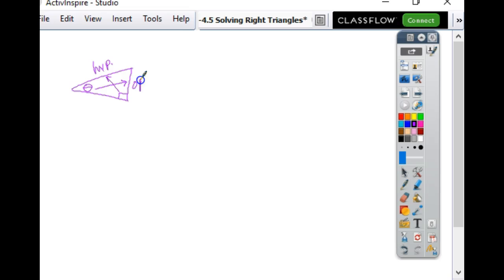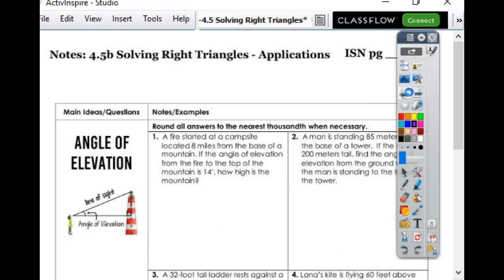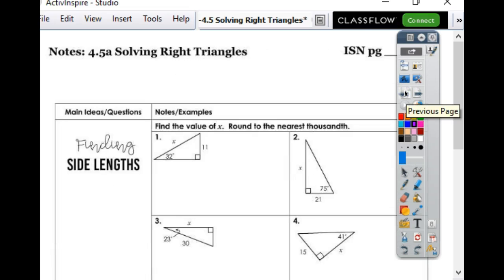This is the opposite, and this one is the adjacent. But the hypotenuse is always the first one you're going to label because it's always across from the right angle. Okay? So let's do this easy peasy stuff.